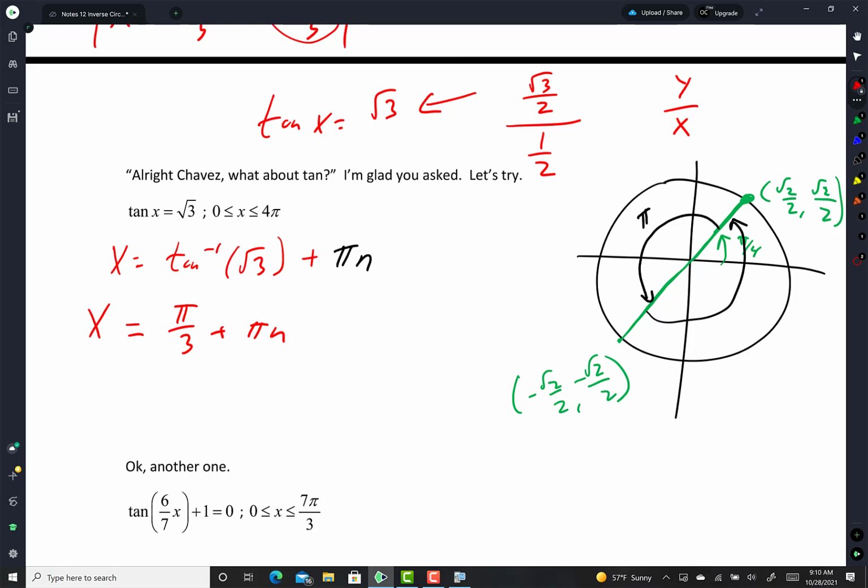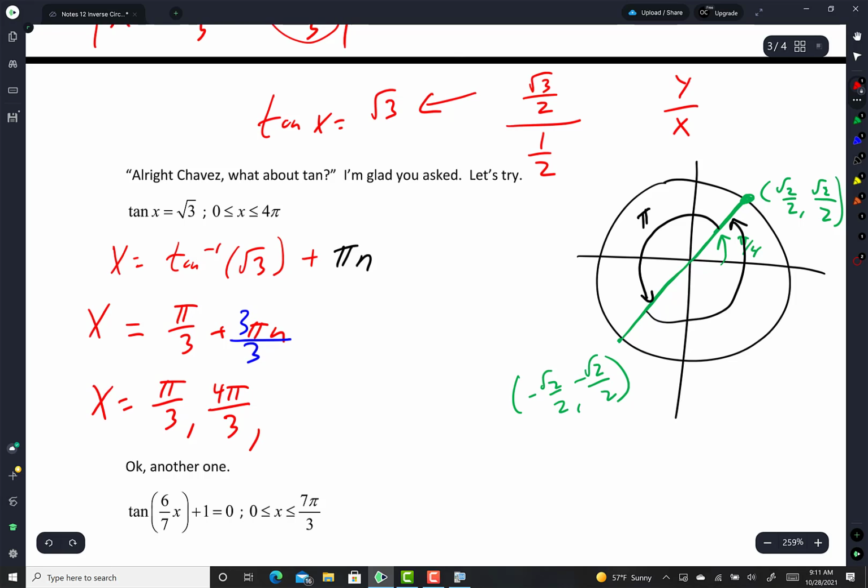So let's get them all. X equals pi over 3 is the first one, comma. How do you add it really fast? Like this. Put a 3, put a 3. 3 pi over 3 is just pi. 4 pi over 3, which is not a shock to you. You guys should be okay with the first two. Okay, and then 7 pi.